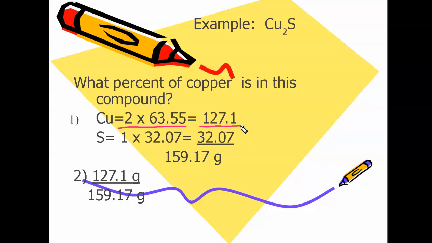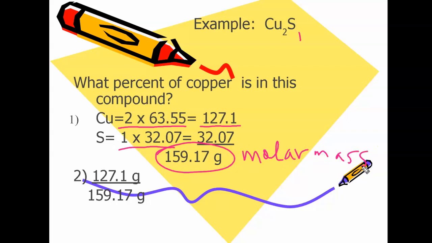And I'm going to multiply sulfur's atomic mass by 1, because there is only 1 sulfur in this compound. And that gives me 32.7. And that gives me the overall molar mass. Remember, everybody, this is the molar mass of the compound. Molar mass of 159.17 grams. And this unit label is really correctly written as grams per mole.